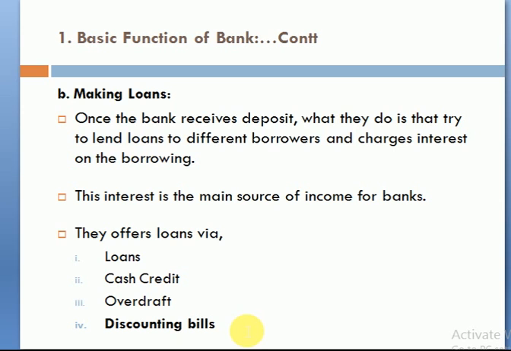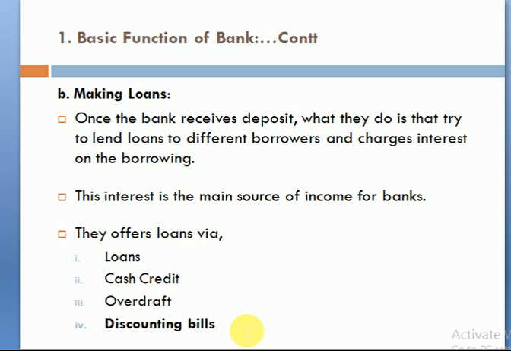Number 2, cash credit. So dear students, it's a very common form of borrowing by business concerns. The banks advance long-term loans to commercial and industrial units against the securities of goods. The borrower is permitted to draw within the cash credit limits sanctioned by the bank.